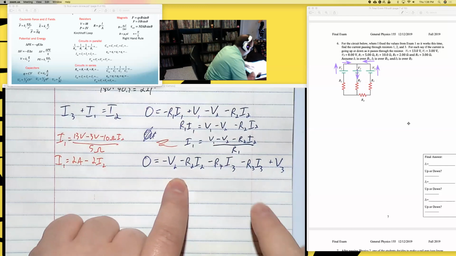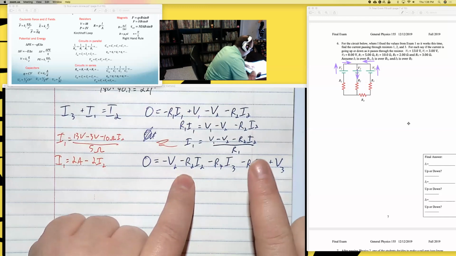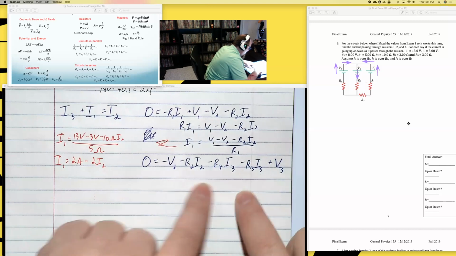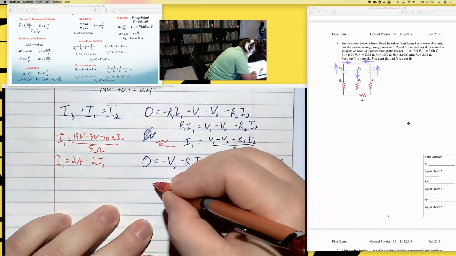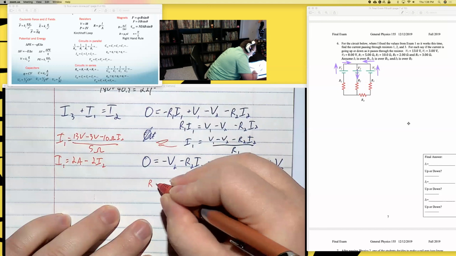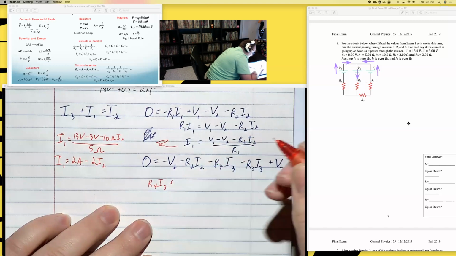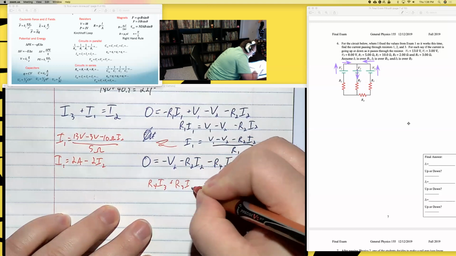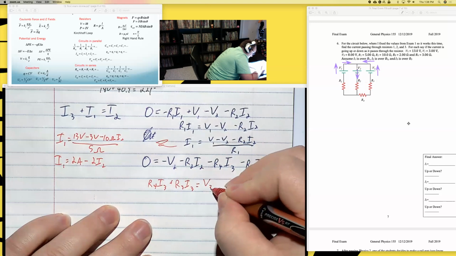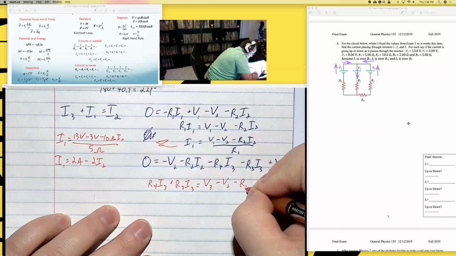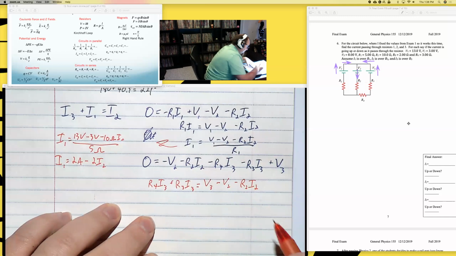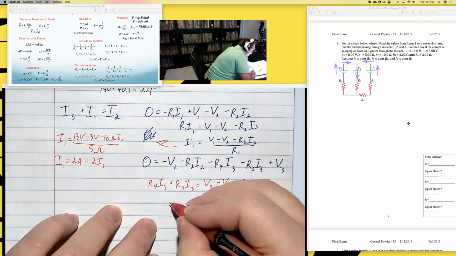This guy, they both had I2, so I'm going to solve for I3. So I'm going to move both of these terms over. I'm going to factor out these R's and divide.